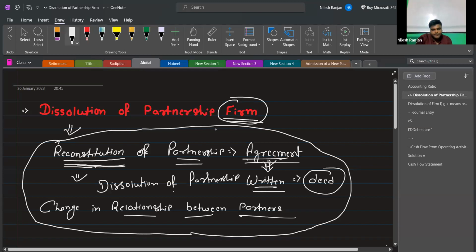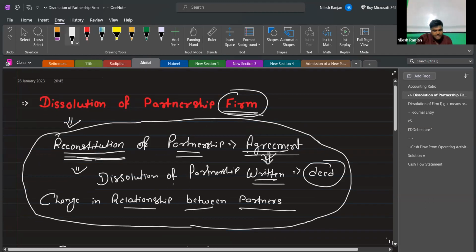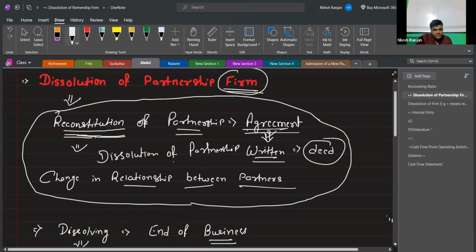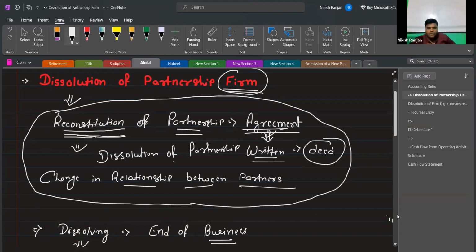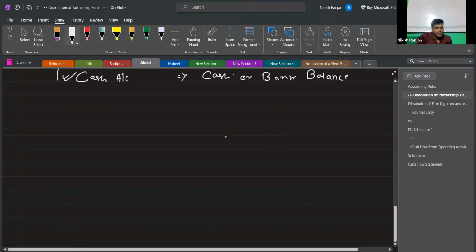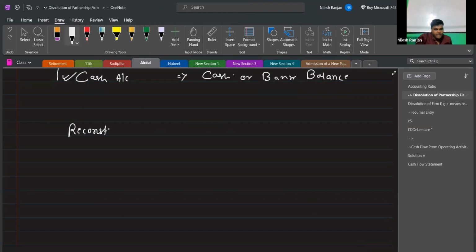Can you tell me how it is different from dissolution of partnership firm? Actually, the reconstitution that we have completed right now, you understand the reconstitution meaning?